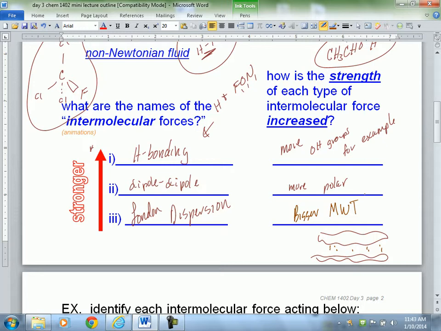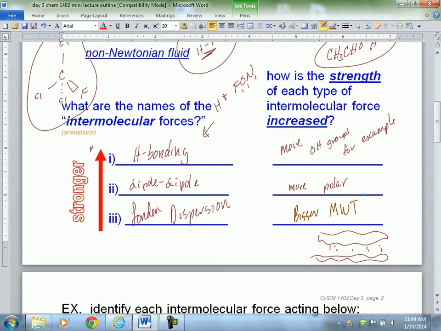Which type of intermolecular force would result in the highest boiling point? H bonding, because they're really tight, right?